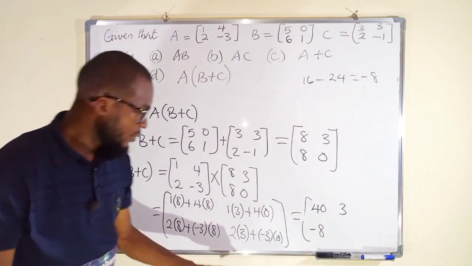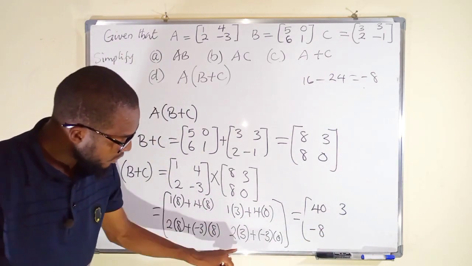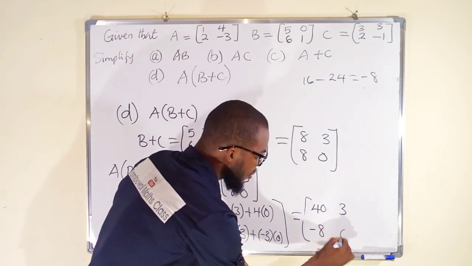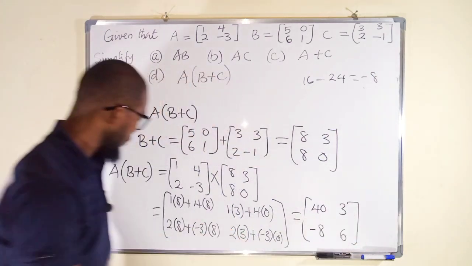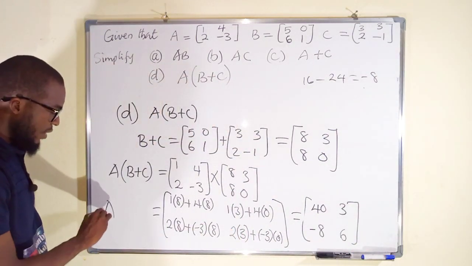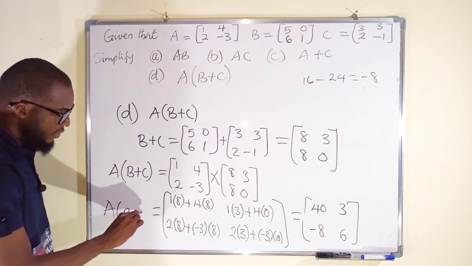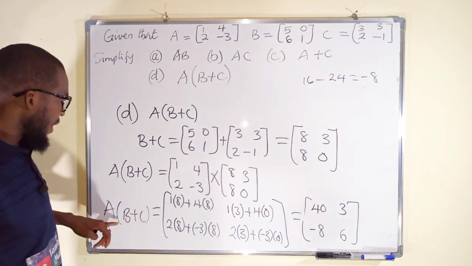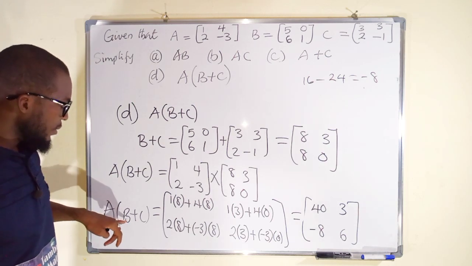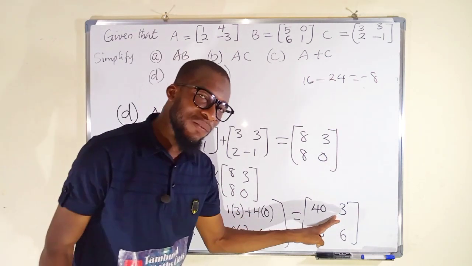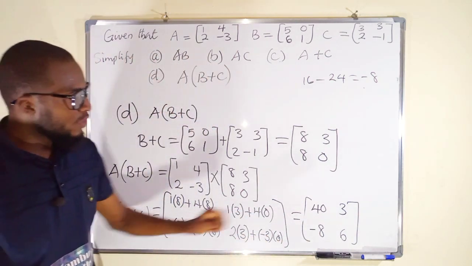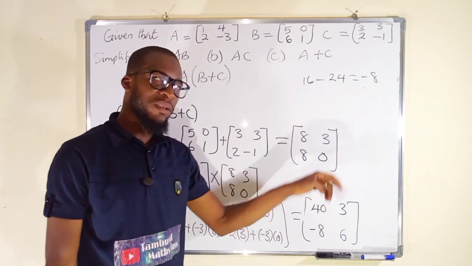Then the last entry we have, this is 0, this is 6. So this becomes 6. This is A multiplied by B plus C. So after multiplying A by B plus C, this is what you're going to obtain: a new matrix with entries 40, 3, -8 and 6.